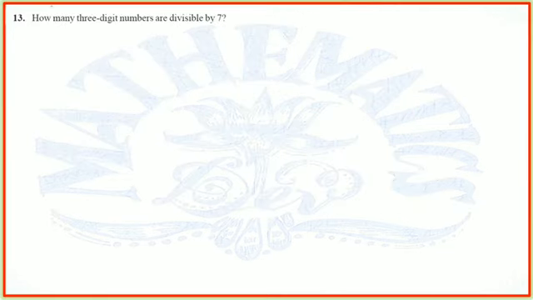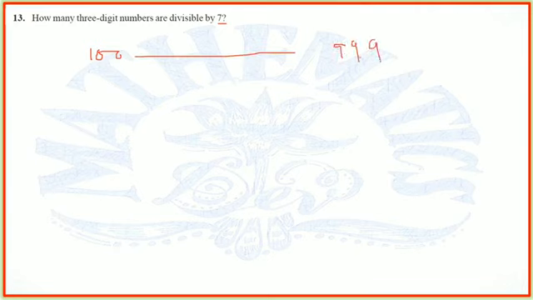Next question, 13th. How many 3-digit numbers are divisible by 7? So very interesting. 3-digit numbers start from 100 and end with 999. These are the general terms from 100 to 999.